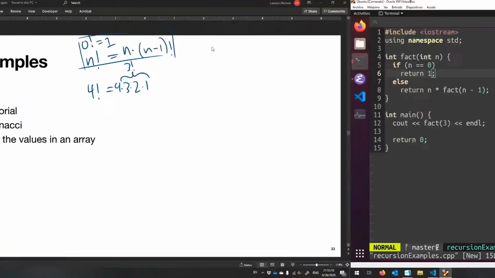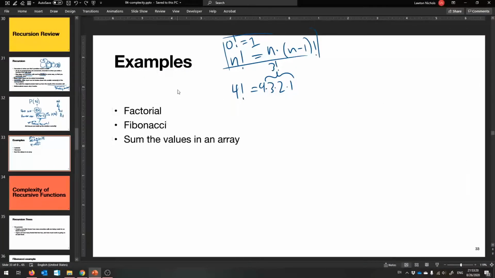Okay. Moving on. Fibonacci. This is actually interesting because it takes 2 recursive calls, if you remember that. So the Fibonacci numbers, the Fibonacci sequence, it either starts with 0 and 1 or 1 and 1. Let's start at 0 and 1 for no good reason. So if n is equal to 0, we return 0. If n is equal to 1, we return 1. But after that, it's always the sum of the previous two.